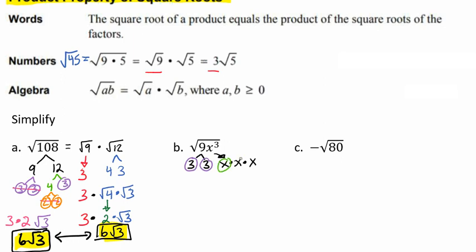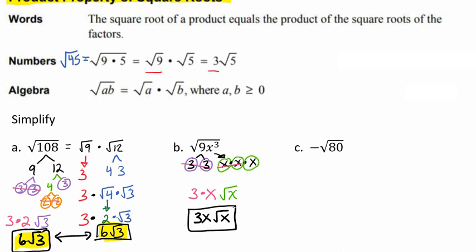And then each of the x's are primes because they can't get broken down anymore. And because we're doing a square root, we're looking for pairs. So I have a pair of 3's here, and I have a pair of x's there, with a lone x left, leaving me with a square root of x. So my final answer here would be 3x times the square root of x. And I would be finished.